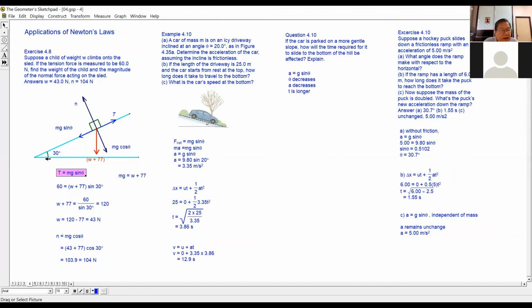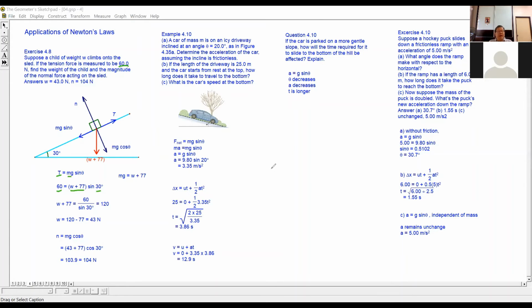But it is given that the tension in the rope is 60 newtons. So I replace the tension here with 60. Mg is the combined weight of the object and the child, so I replace this mg with 77 plus W. I also know the angle is 30 degrees, so I put down 30 degrees here.